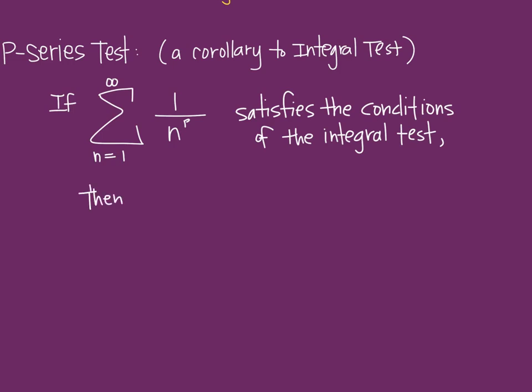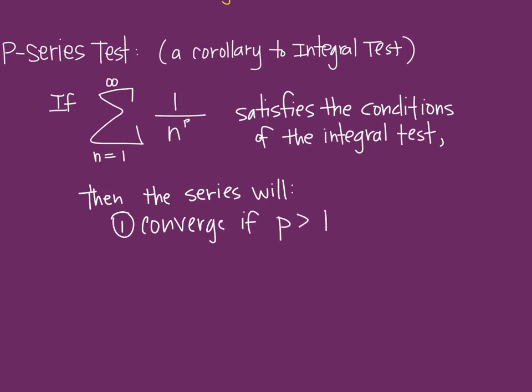All right, then the series will do the following: converge if p is greater than 1, or diverge if p is less than 1.